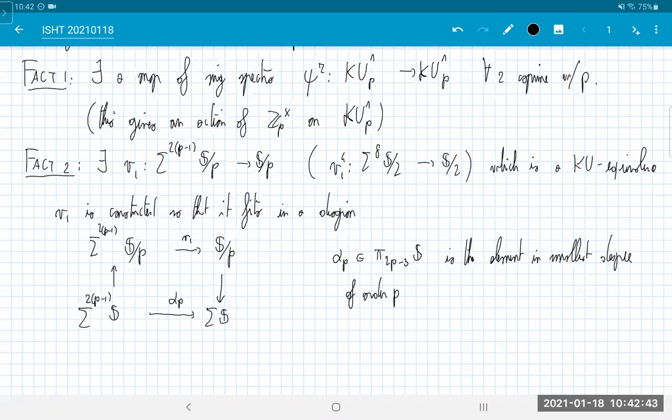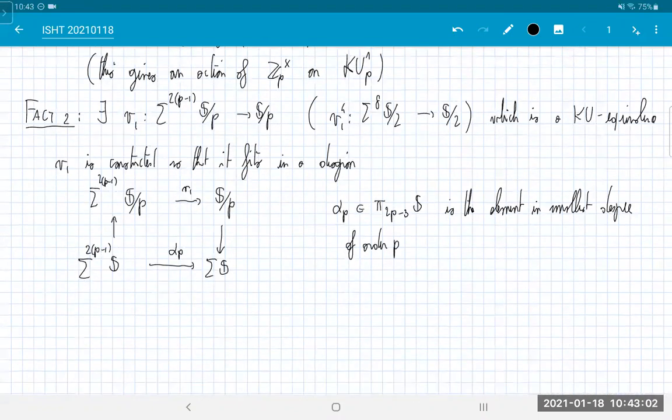So it's the smallest piece of p torsion in the homotopy groups of spheres. And of course, I would need to prove that such alpha p exists and that this factorization also exists, and that this factorization implies that v1 is an equivalence on KU.